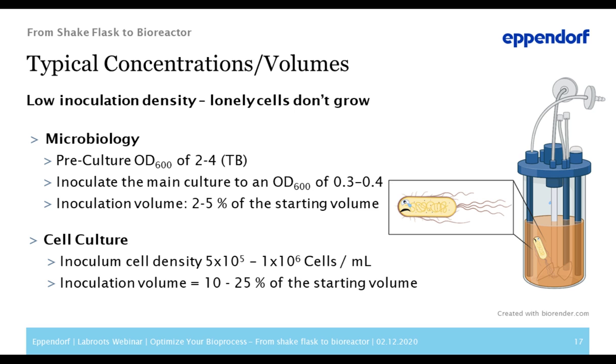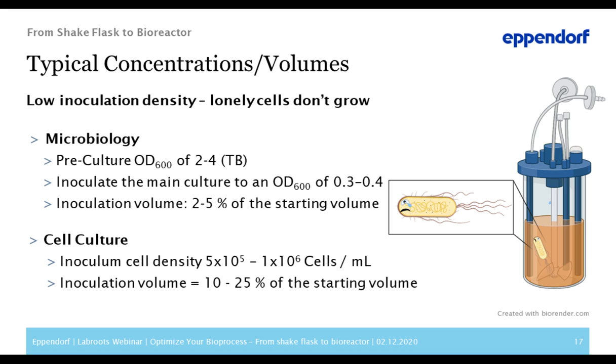It is important to not inoculate at too low volumes because lonely cells don't grow very well. So typical volumes for microbiology, OD of the pre-culture between 2 to 4 or 1 to 4 is common, depending on the media, of course, and the inoculum start OD in the main culture is usually between 0.3 to 0.5 in a volume of 2 to 5% of starting volume.